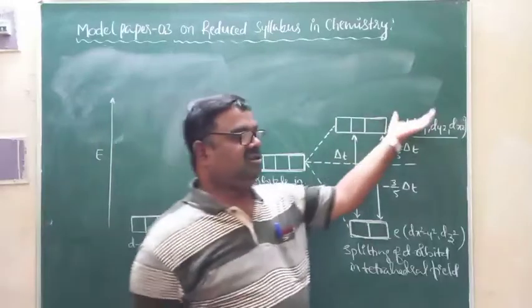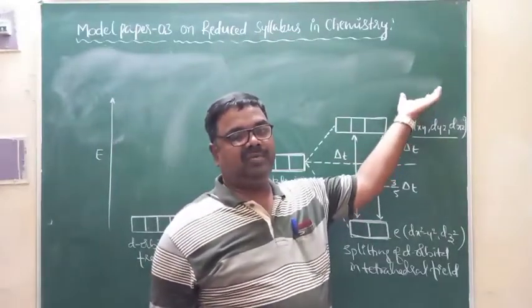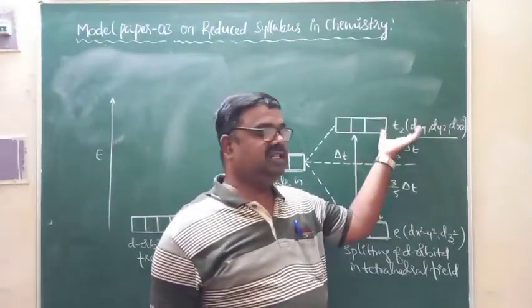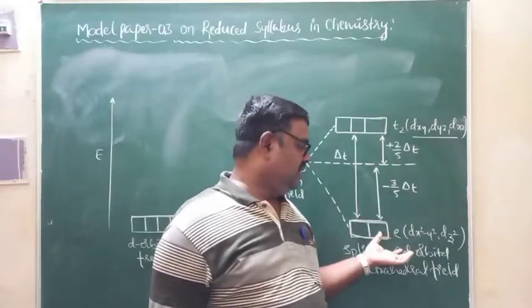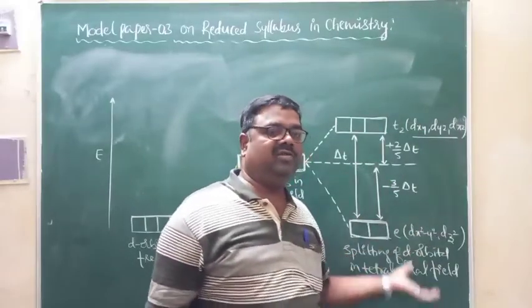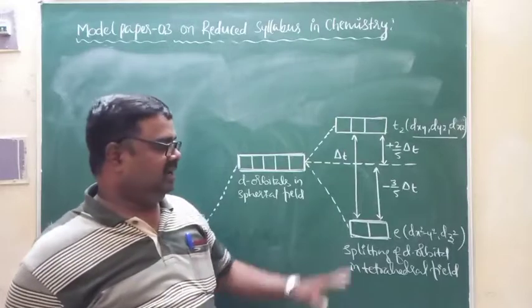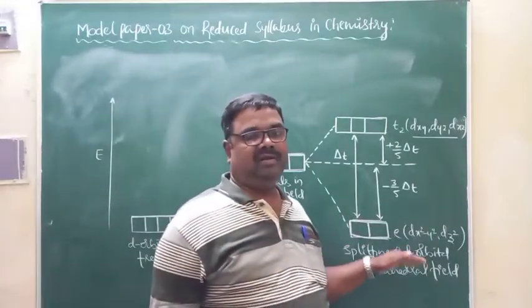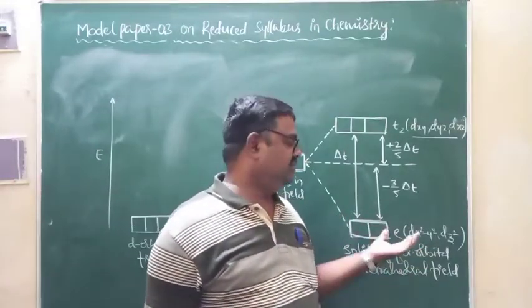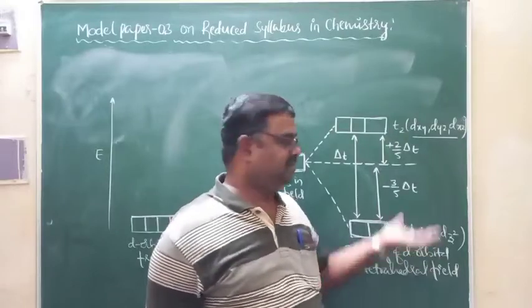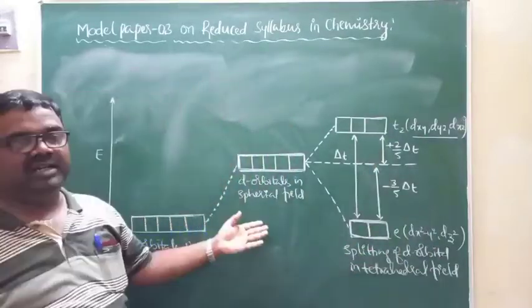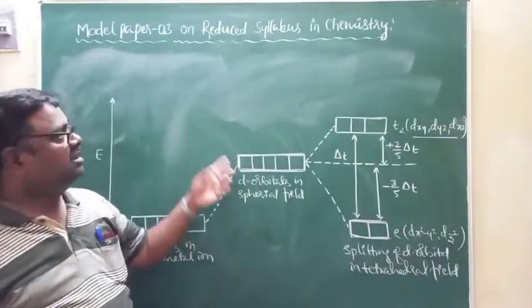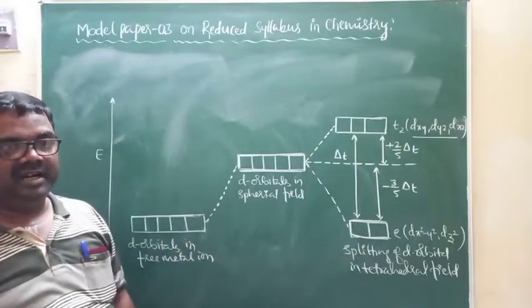They are very close to the ligands approaching the central metal, therefore they experience maximum repulsion. Here, these d orbitals are along the coordinate axes and far away from the ligands approaching the central metal, and therefore they experience minimum repulsion. So this is the energy level diagram for splitting of d orbitals in tetrahedral field.